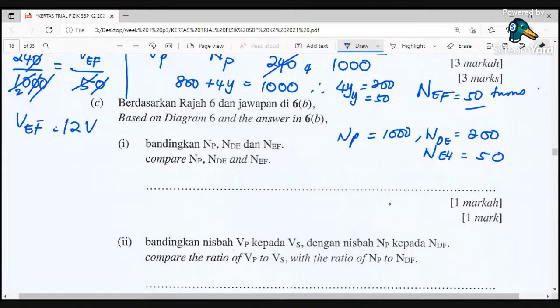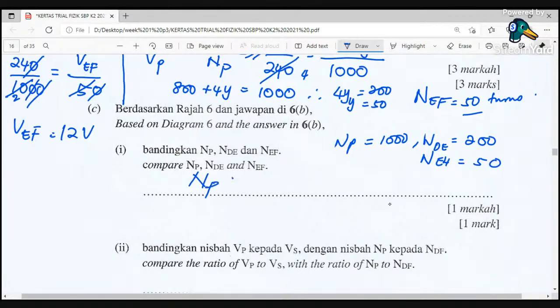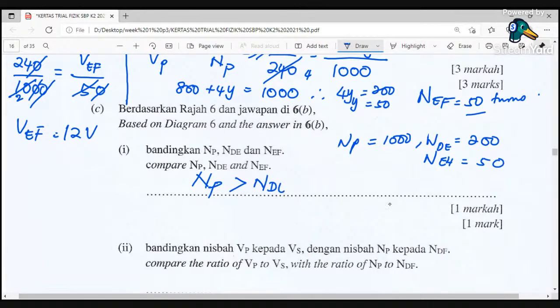So you can say NP is larger than NDE, larger than NEF.